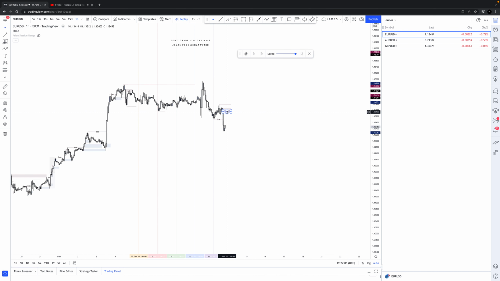I'll be looking for lower time frame confirmation at this area. One thing price may do is open, correct around a bit, and then break again. If that's the case, I'll be looking at that new POI, and then looking to get involved.